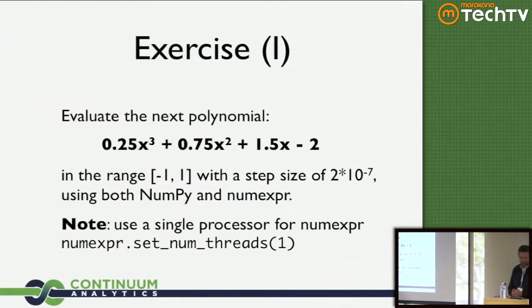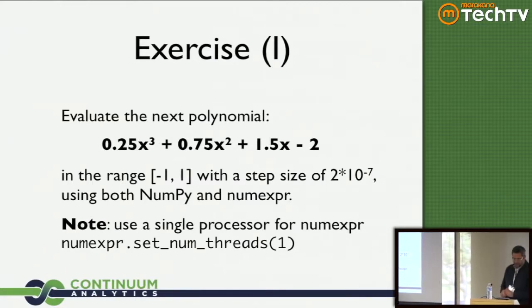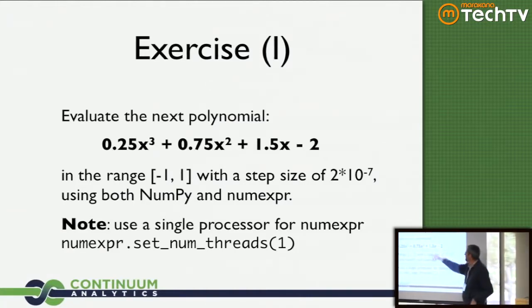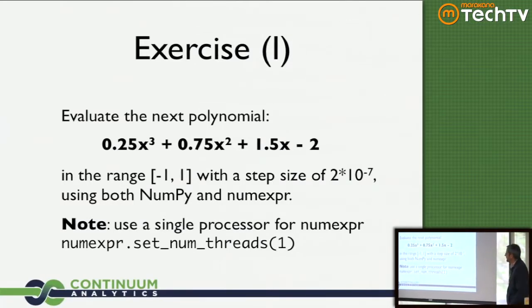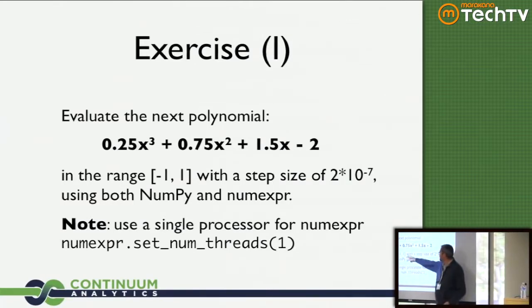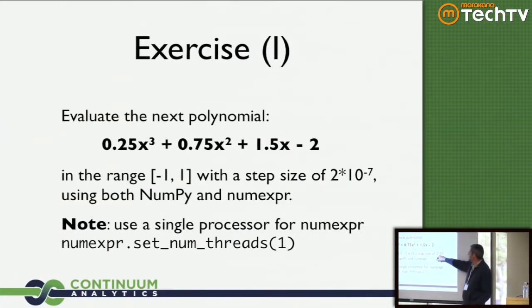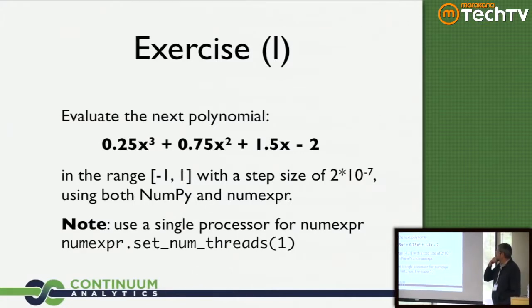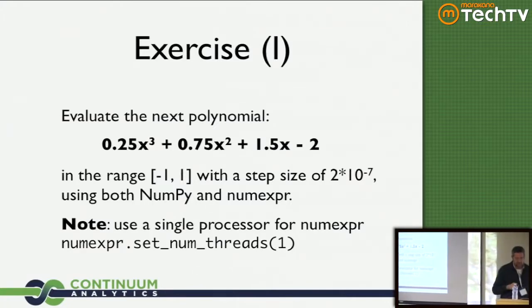So for example, just to make a simple example, let's suppose that we want to evaluate this polynomial in the range -1 to 1, with a step size of 2 by 10 to the minus 7, using both NumPy and Numexpr.